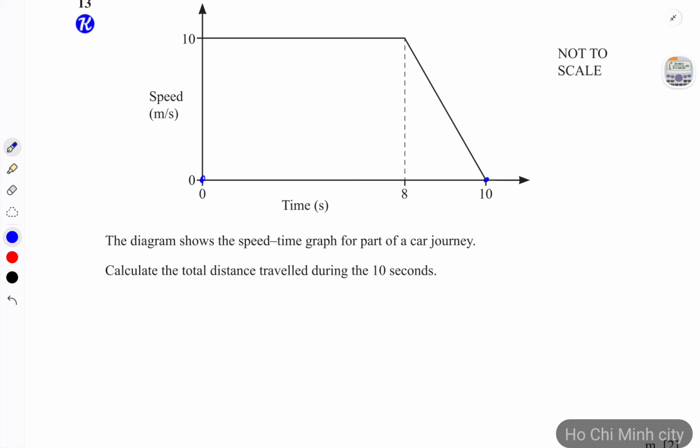All right, so the total distance is going to be the area of the trapezium. And this trapezium is going to be the sum of the rectangle plus the area of a triangle.